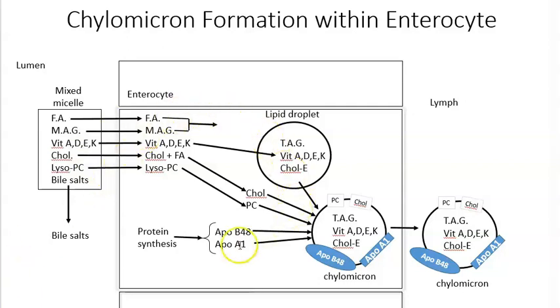They're processed within these enterocytes. So some of the cholesterol and phosphatidylcholine are repackaged. Proteins are synthesized, ApoB48, ApoA1, and they're tagged onto these new chylomicrons, these little droplets of fat, and then those are released into the lymph system and into our bloodstream.